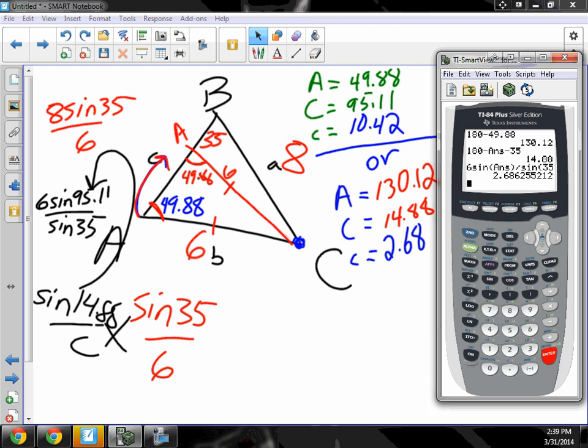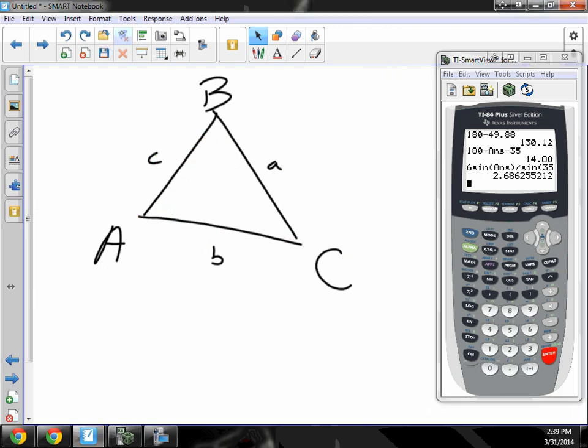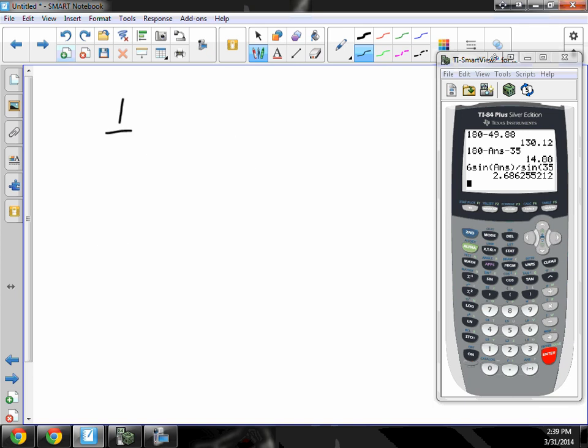Do you guys remember the area formula? So the formula for area of a triangle is 1/2 base times height. But the height is always one of the other sides and the other angle. So there are three formulas. 1/2 AB.